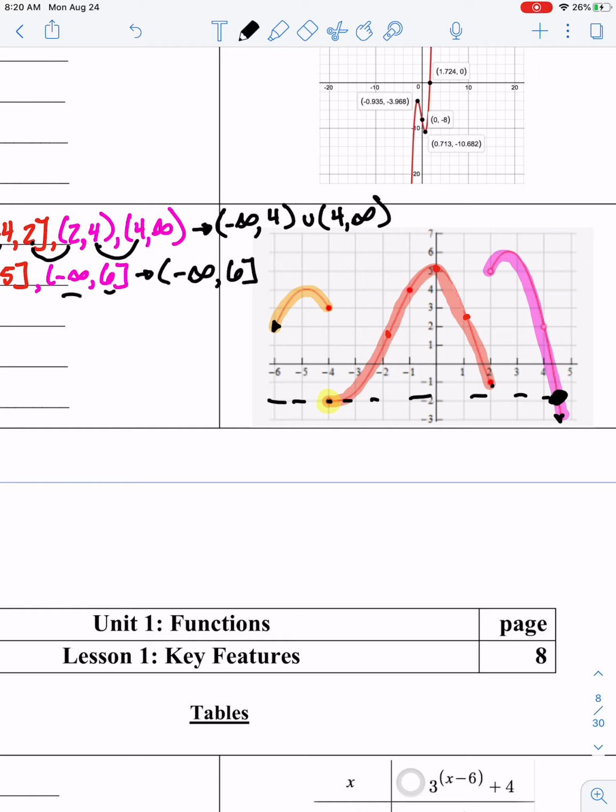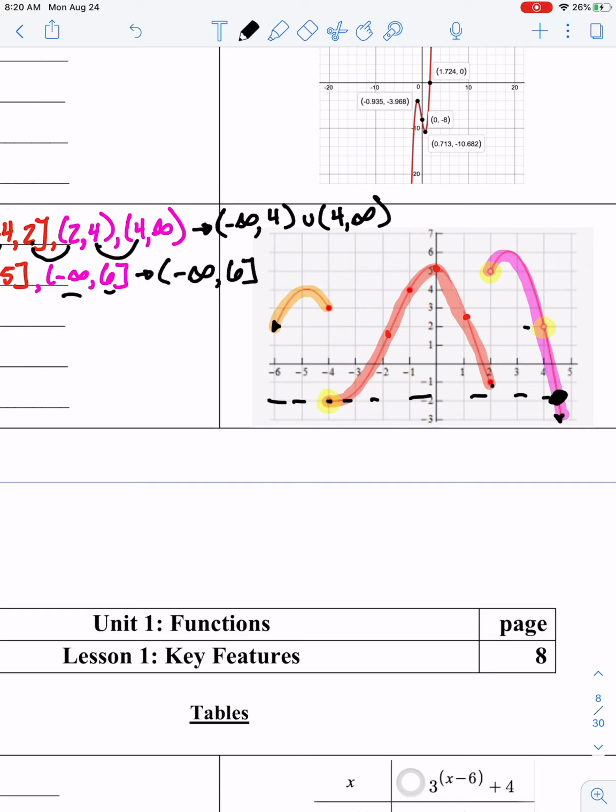All right. And I would still follow that all the way until I get to right here where I have another open dot. And there's an open dot.